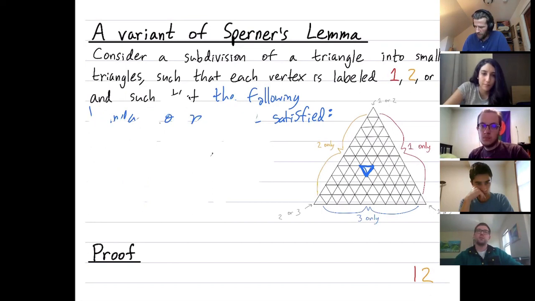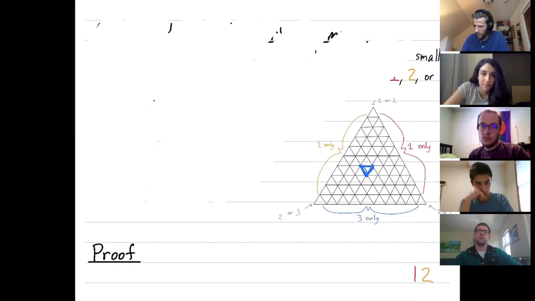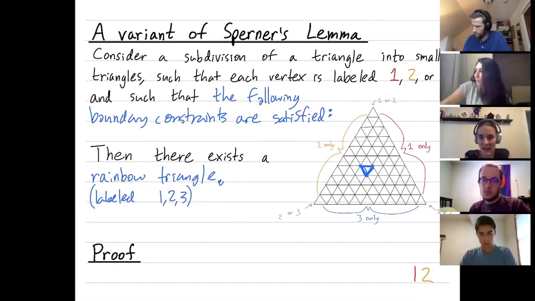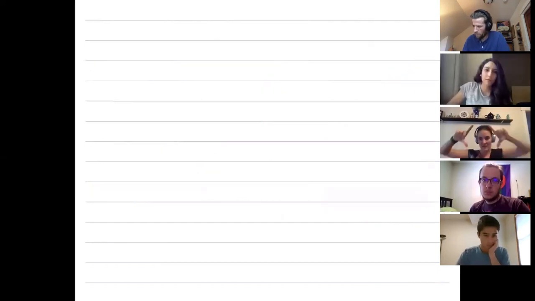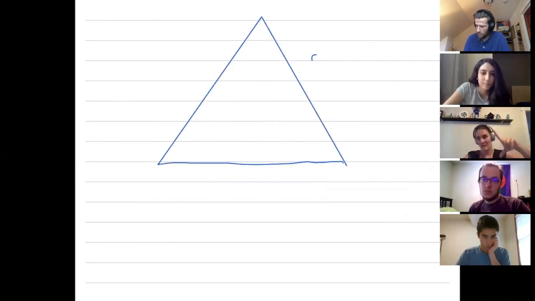Emily, let's try to state the actual Sperner's lemma and let me know if I get it right. I think with the actual Sperner's lemma, you just have a different labeling on the boundary. You need to make sure that each of the three big corners is a different color. And whatever is on the line between any two colors, it could all be one color or it could be alternating.